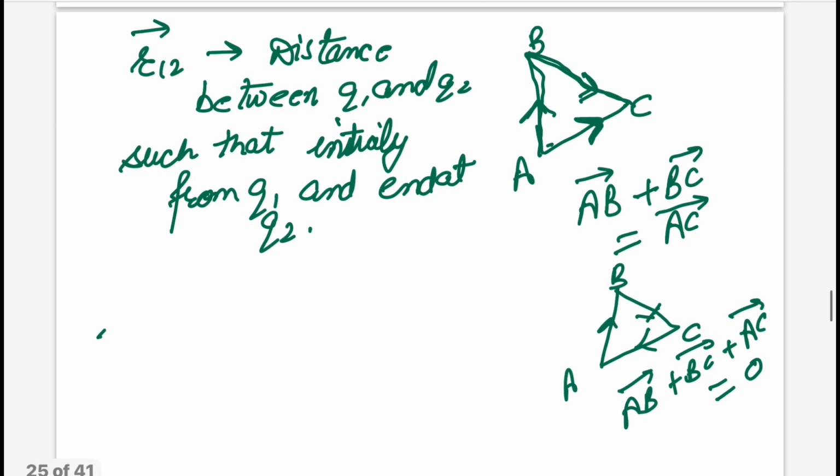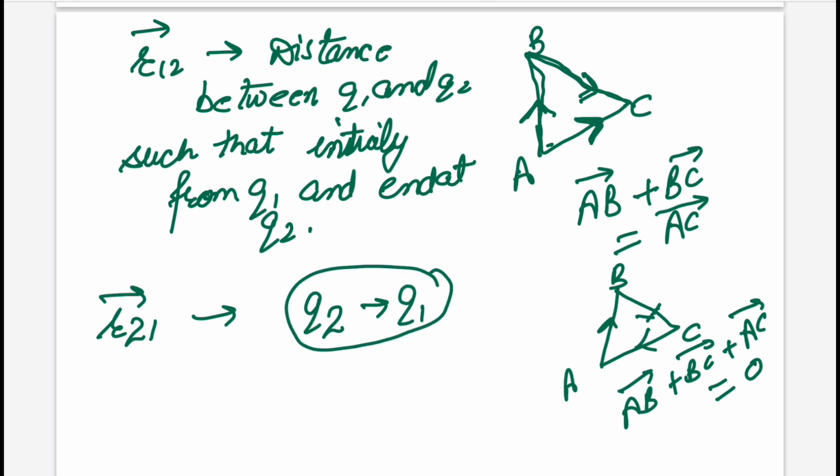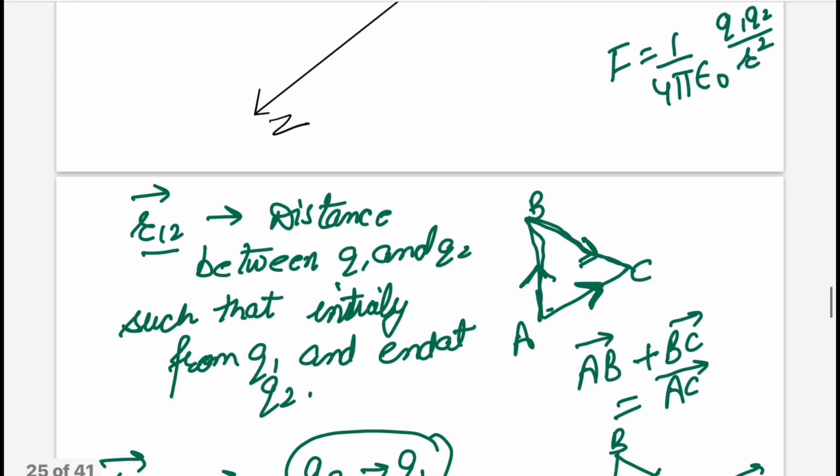Similarly, if you write R21, it means that the distance is traveled from Q2 to Q1, right? So this 1, 2 and 2, 1 is changed depending upon which charge you are starting from.